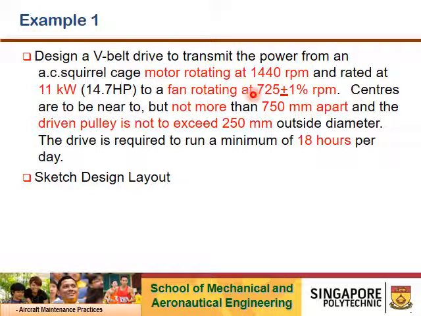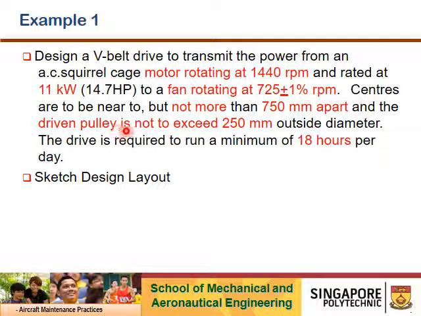So that's the driven speed, and the item to be driven by the AC squirrel cage motor will be a fan. Centers are to be near to but not more than 750 mm, 0.75 meter, apart. Alright, that's the two pulleys.